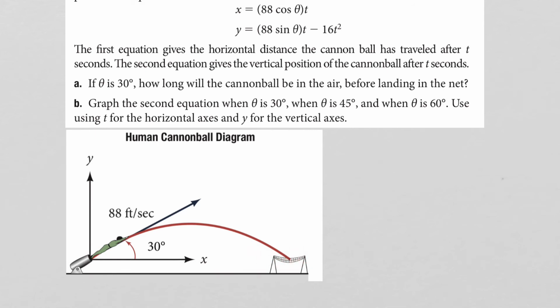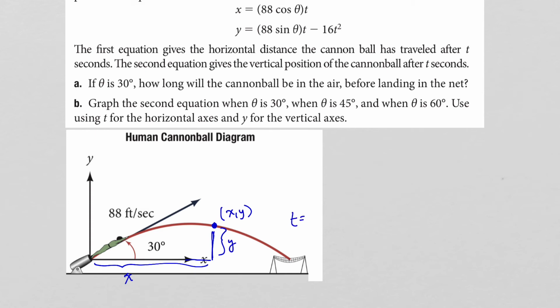Now, if you would like to know where that person is at any given time, that can be given by the point (x, y). Now, x represents this horizontal distance that you see here, and y represents the vertical distance that you see here.